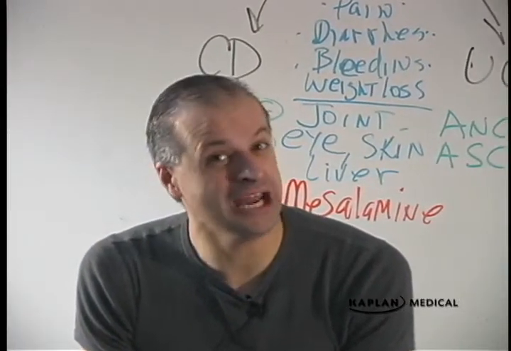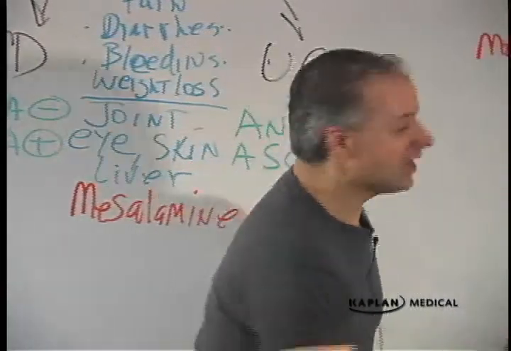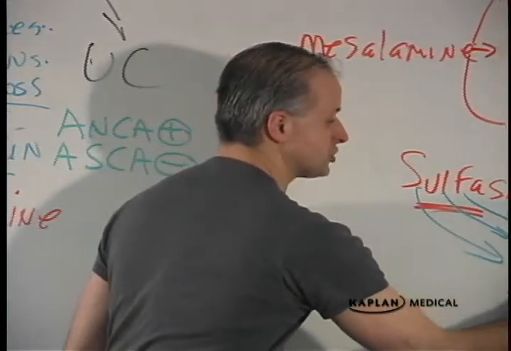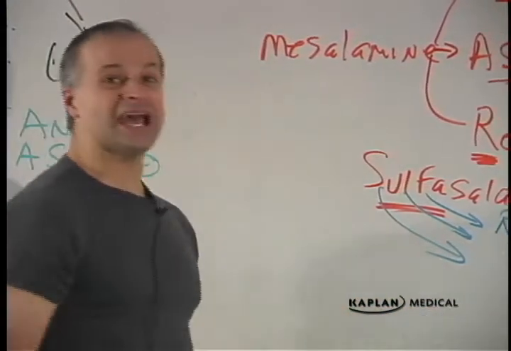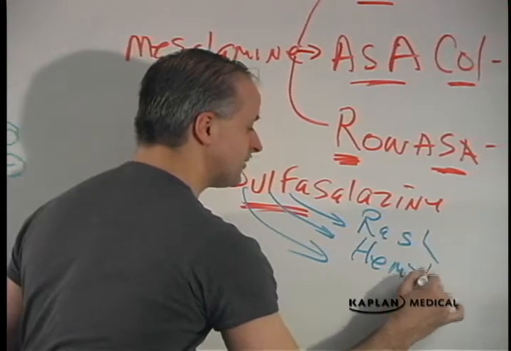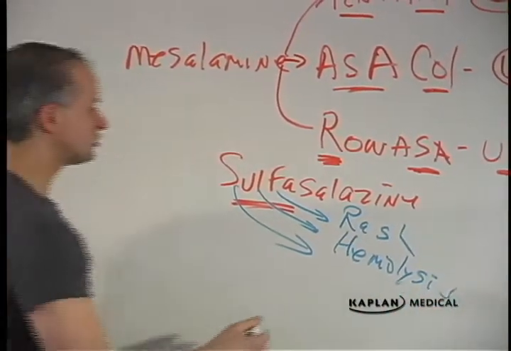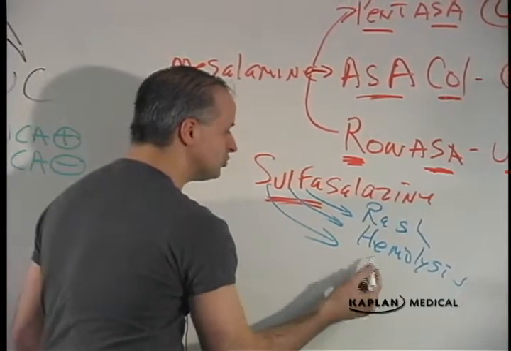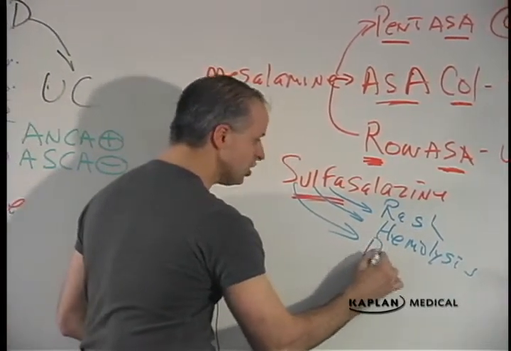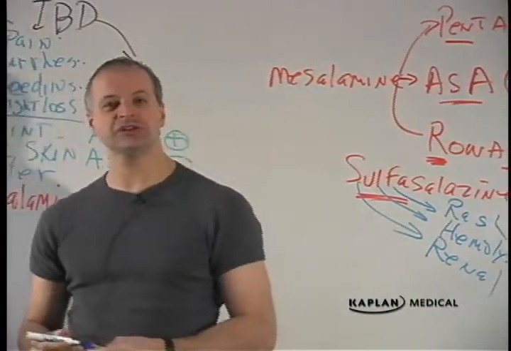The 3 things you get are: rash. Well, yes, sulfa drugs give you a rash, but not just a rash. Drug-induced hemolysis. Sulfa causing hemolysis. Sulfa causing renal problems: allergic interstitial nephritis.